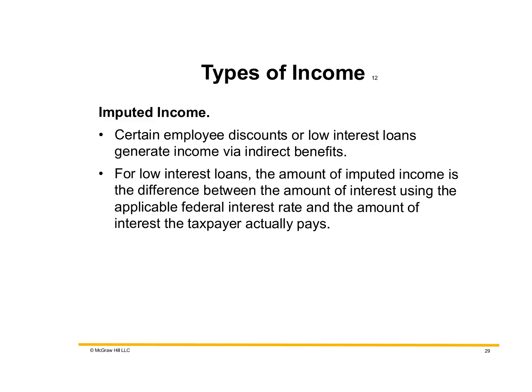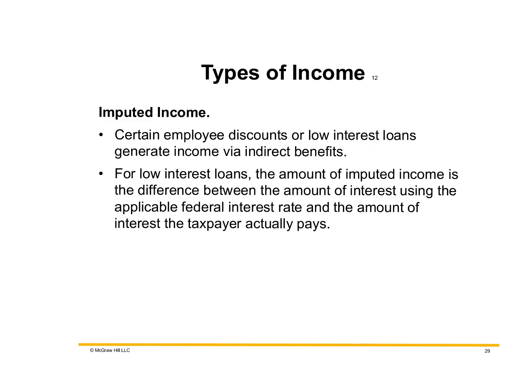All right, our next type of income is called imputed income. This happens when employee discounts or low interest loans generate income via indirect benefits.